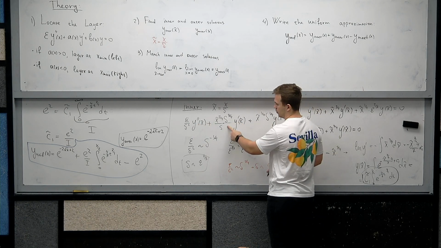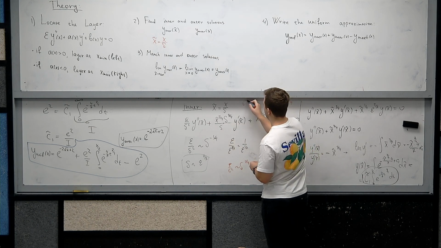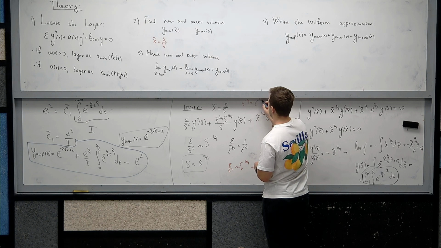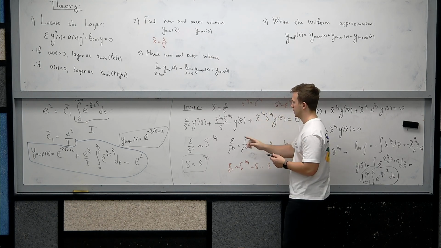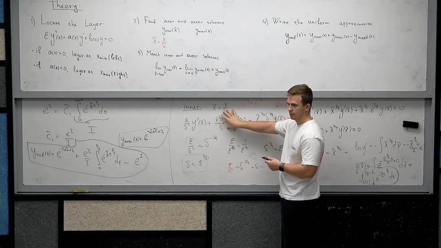But what happened with this one? Delta to the minus 1 over 4, so it's epsilon to the minus 1 over 9, and this coefficient blows up, which means that our assumption was wrong, that we neglected this.